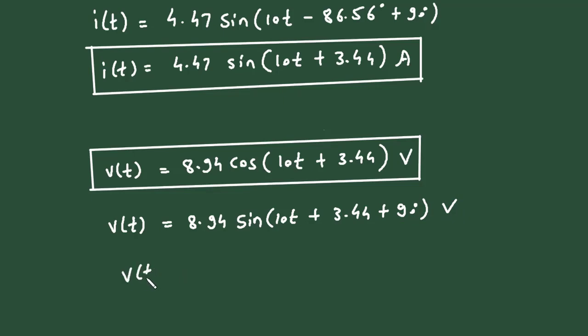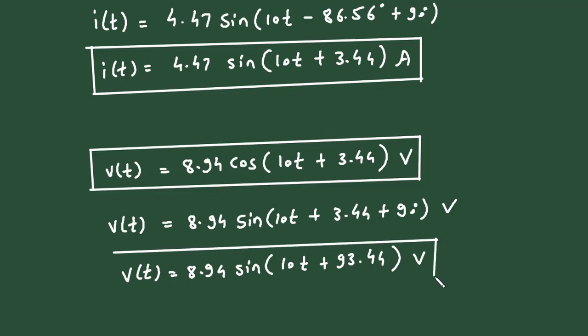So therefore V of t is equal to 8.94 sine 10t, and this will be plus 93.44, and since it is a voltage, so its unit will be volts. So this is the final answer in sine form. So this is how we can find current and voltage in sine form.